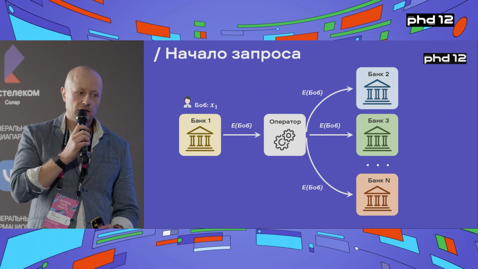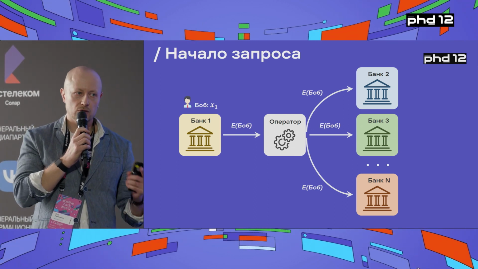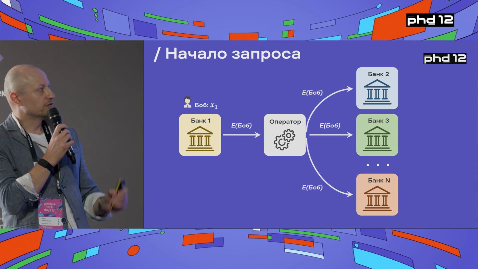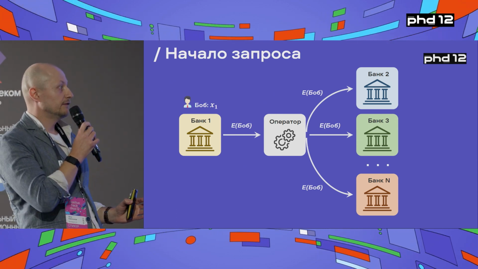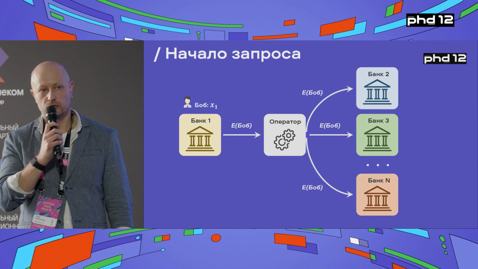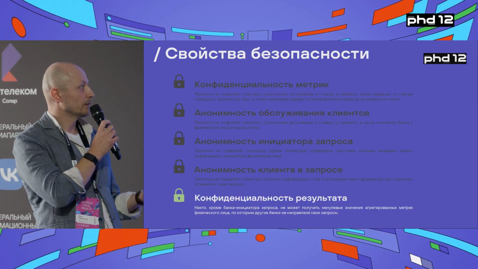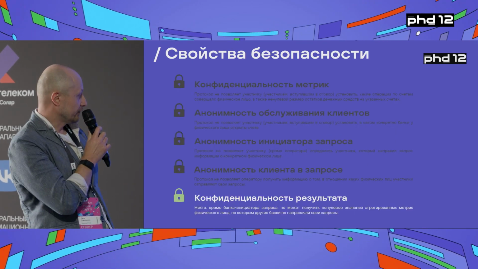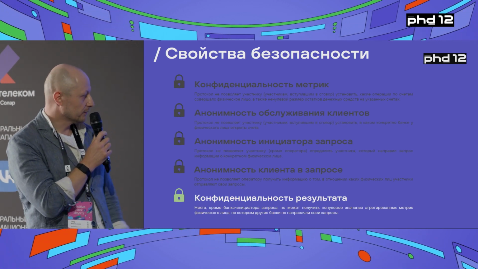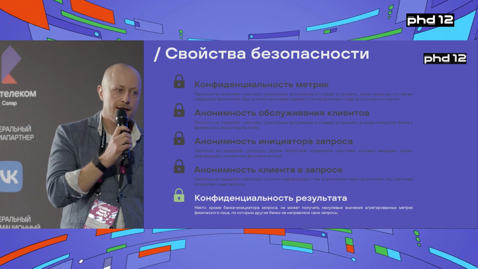The operator is the same kind of source, so he's taken into account in the threat and actor models, and it does not affect the security, but it helps gain security.